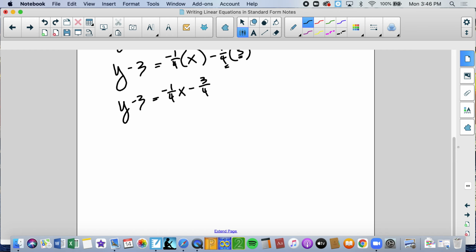Well, not a problem. We could move the x over, but I see lots of fractions. And we should know at this point how to get rid of fractions when we have multiple fractions in a problem. We want to multiply by the LCM.